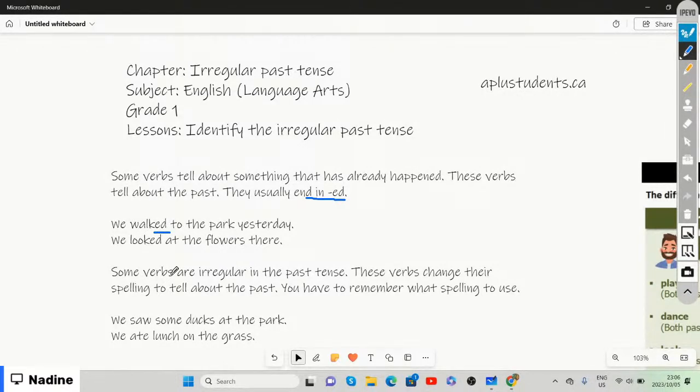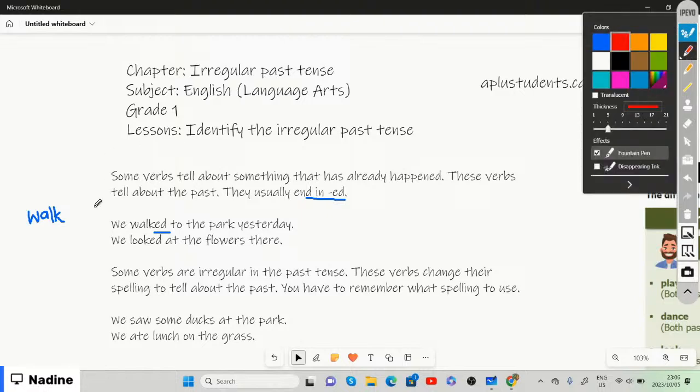Your normal verb that is not in the past would be walk, but in the past, we walked to the park yesterday, which means that we added an ed to show that this verb is in the past. So I walk, which is the present, to the park, but in the past I walked. We just added an ed.